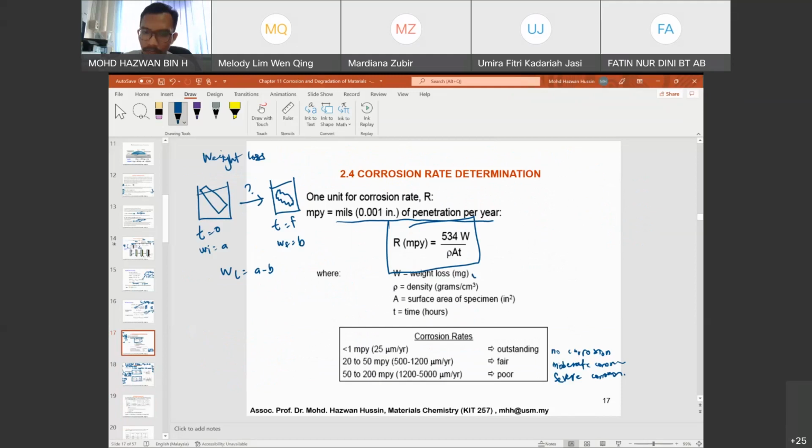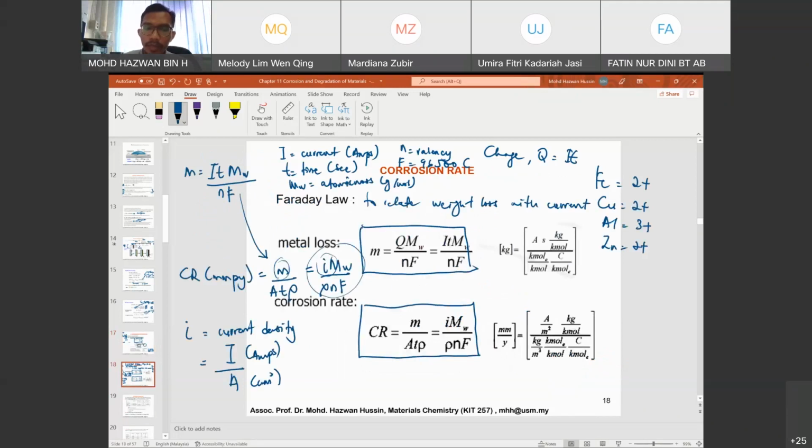Over here we use milligram, here gram over centimeter cube, area is in inch and time is in hours. There is a clear difference between this formula and the Faraday's law that we are talking about right now. In Faraday's law, the unit of corrosion rate is in mmpy, millimeters per year.